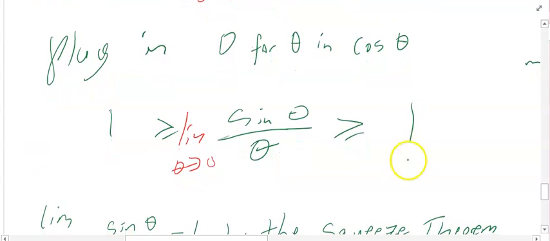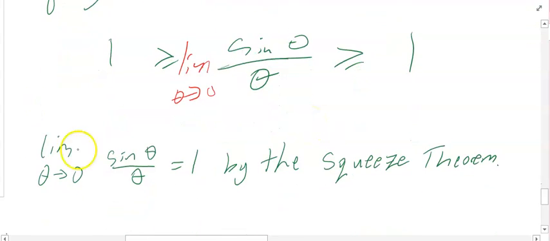So by all means, if the limits of the higher and lower functions are equal to 1, the limit of the middle function must be equal to 1. So by the squeeze theorem, the limit of sine of theta over theta as theta approaches 0 is equal to 1.